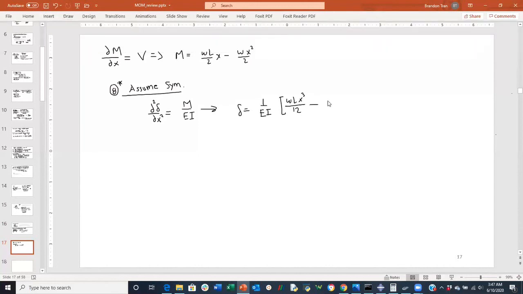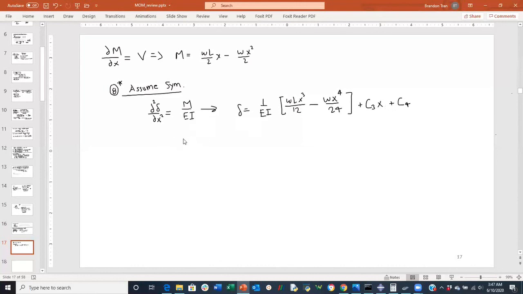Minus W for 24, okay, plus C3x plus constant 4. Okay, so these constants you're going to have to solve by applying the boundary conditions.